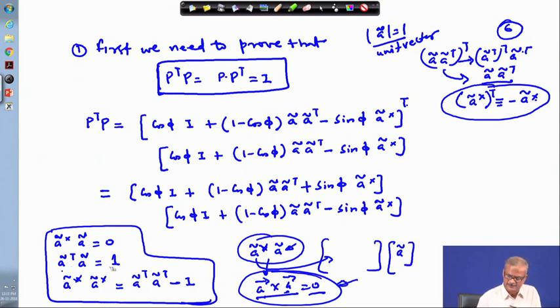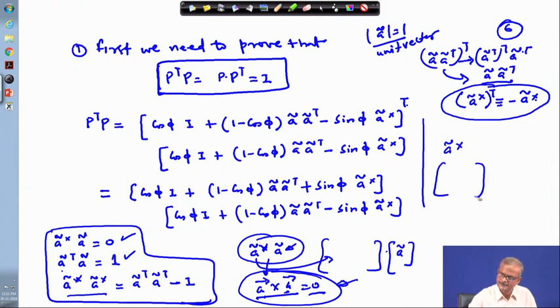The second is an inner product, and because the magnitude is 1, we get 1 here. For the last part, write the skew symmetric matrix for each A tilde cross, take the product, simplify it, take the terms outside, and break it into two parts. So, you will get this. I will leave this as a tutorial problem to do. So, this is your tutorial problem.